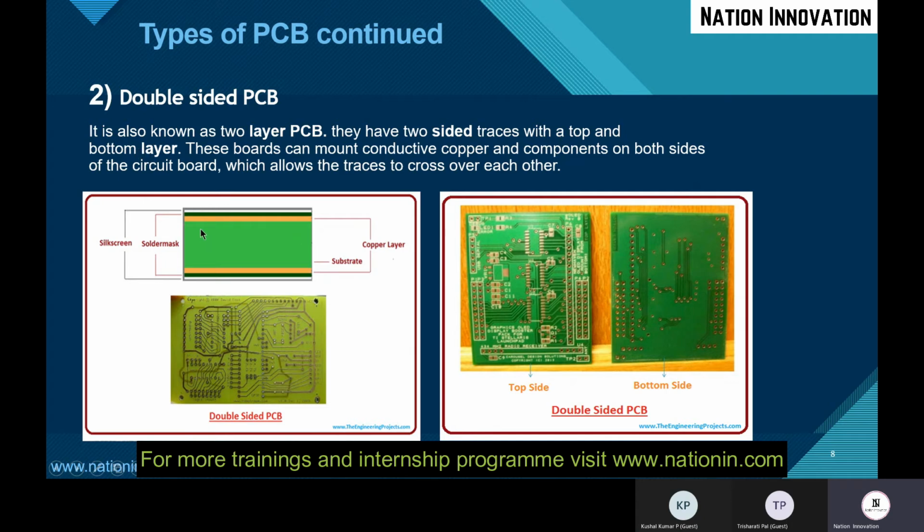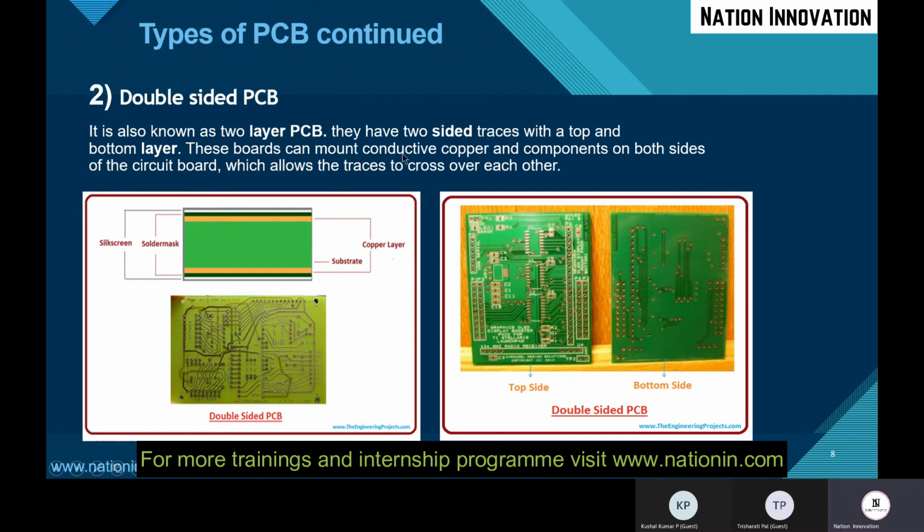Why have we designed these double-sided PCBs? You can place the components on the top as well as the bottom, so the size of the PCB will be reduced, but the complexity increases here.